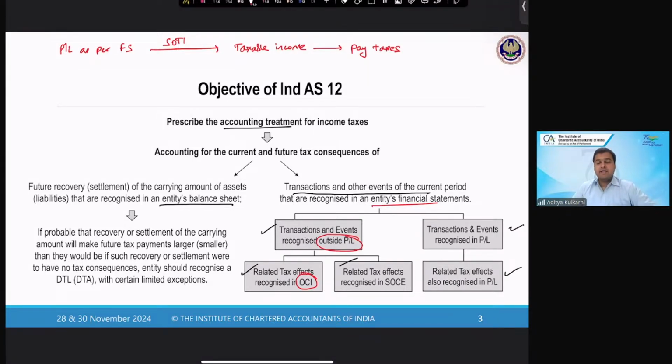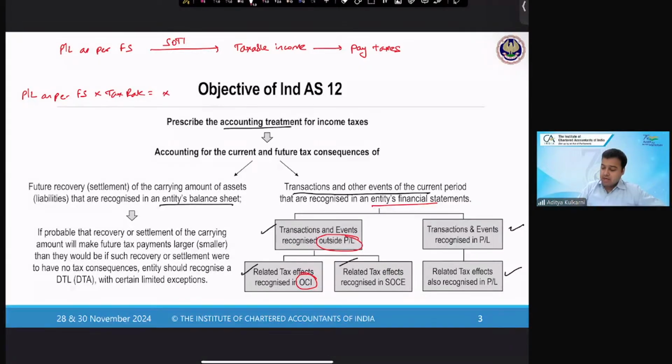Why this standard is introduced is, you will be having your P&L as per FS. When you multiply this with the tax rate, you will get some particular value.